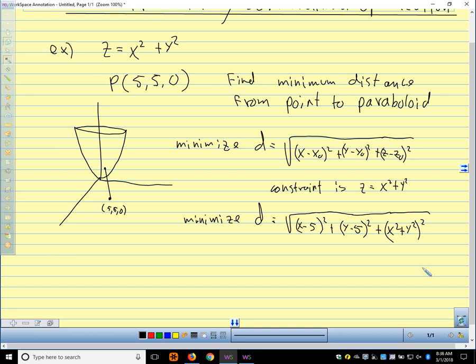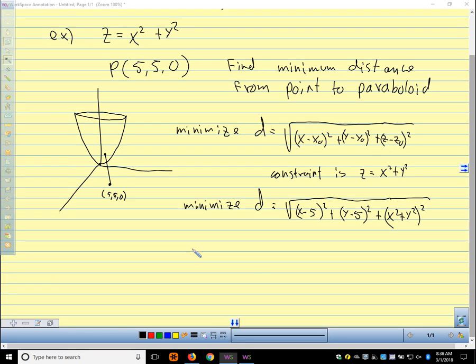Well, we've seen examples of this a few times. If we want to minimize this radical, what can we do to make our lives easier? Minimize the square of the distance, or minimize the radicand, what's inside here.